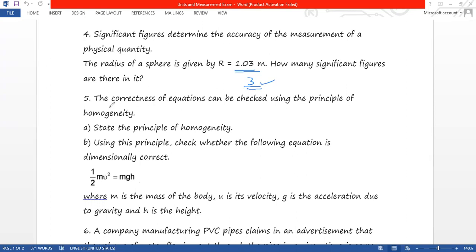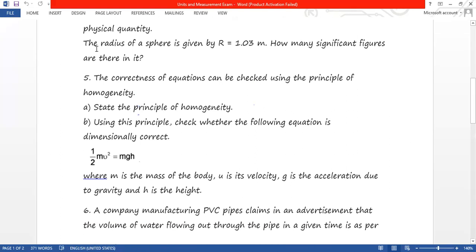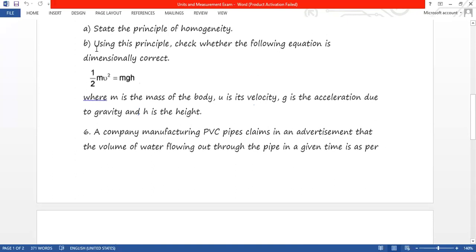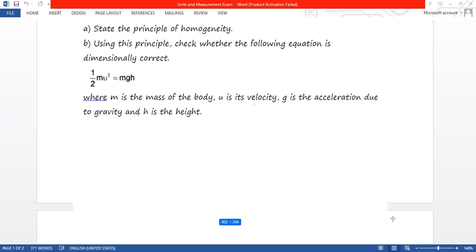And in the fifth one, the correctness of an equation can be checked by using the principle of homogeneity. Clear, right? Then we need to state the principle of homogeneity. What is the statement of the principle of homogeneity?